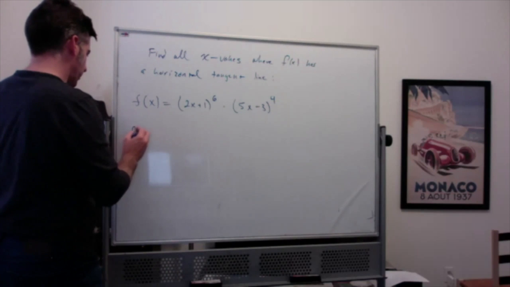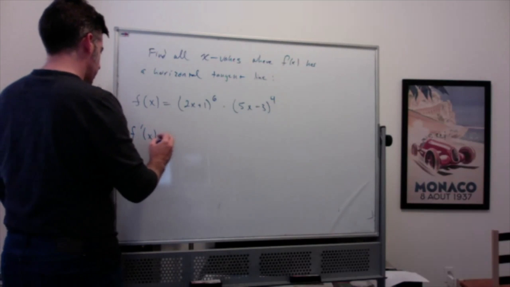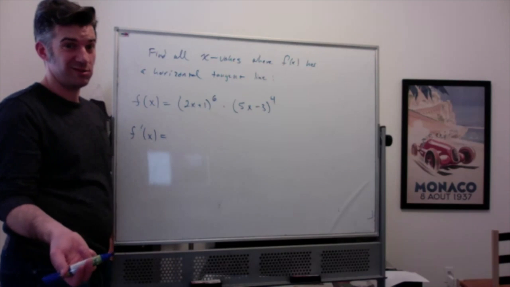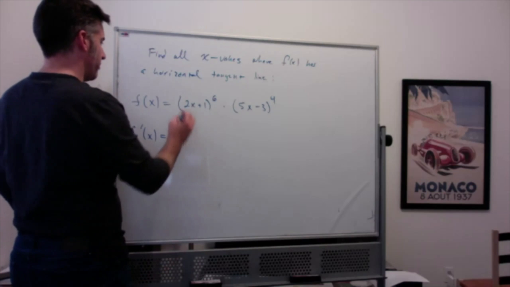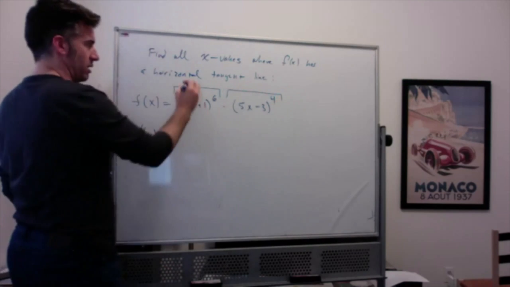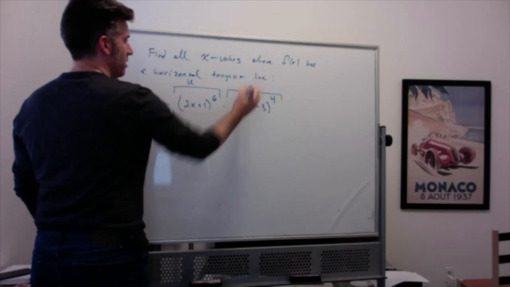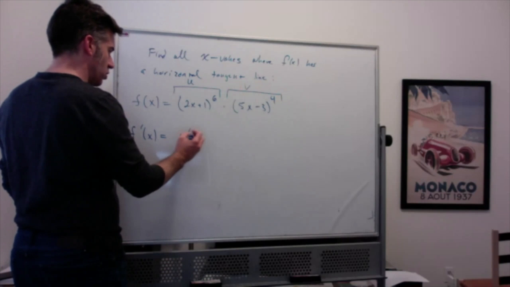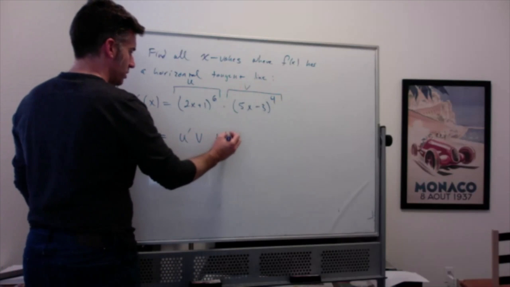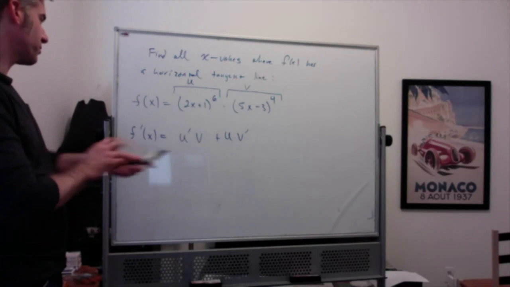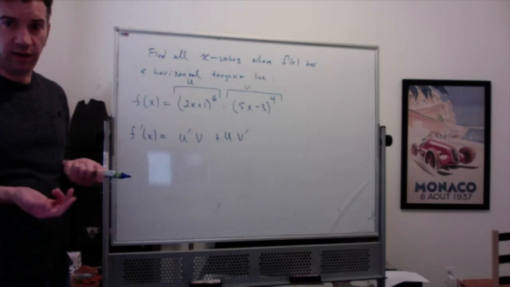So the derivative is going to be, let's see. I'm going to use the product rule, and I'm also going to use the chain rule, right? I've got two pieces multiplied together, which I might call u and v. And the derivative is going to be u prime v plus u times v prime, where u and v are both functions of x.